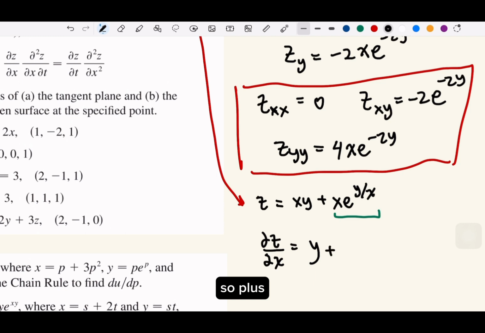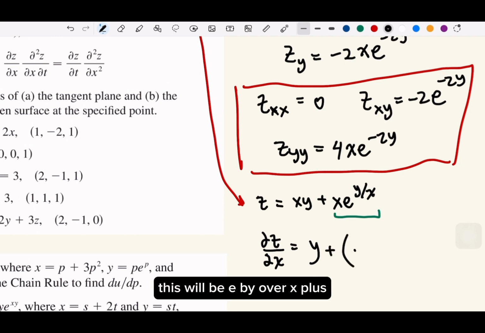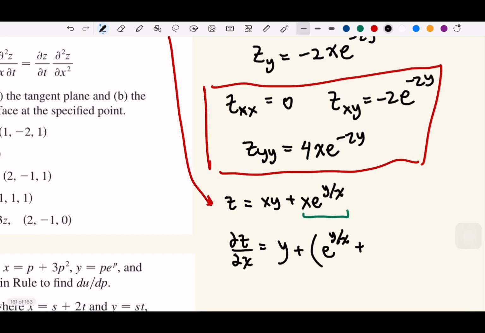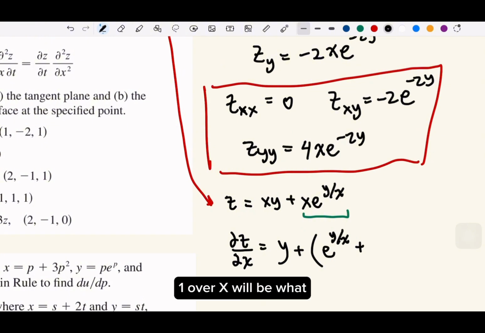So plus e^(y/x) plus x times the derivative. The derivative of 1 over x will be negative 1 over x squared, right?